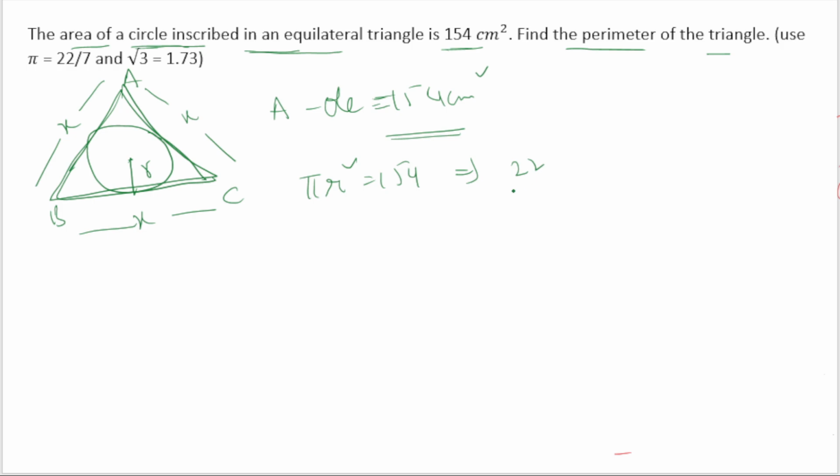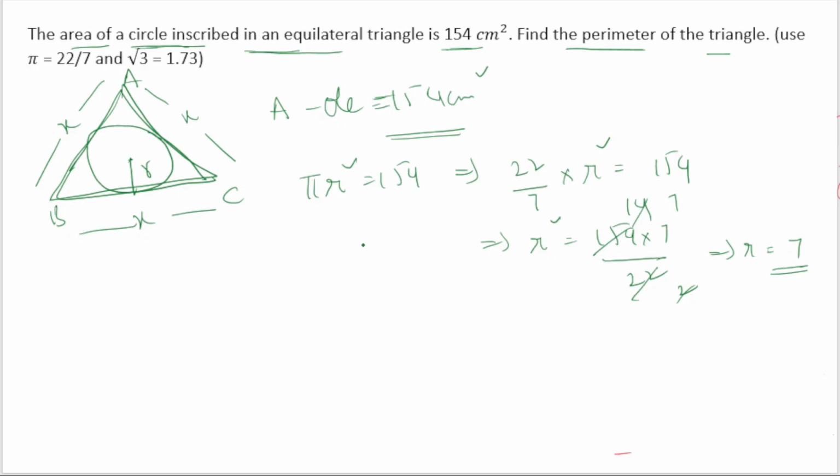Here pi is 22 by 7, so radius square is equal to 154 into 7 by 22. 11 into 2, 11 into 14, 2 into 7. So radius is equal to square root of 49. It is 7. Radius is equal to 7.